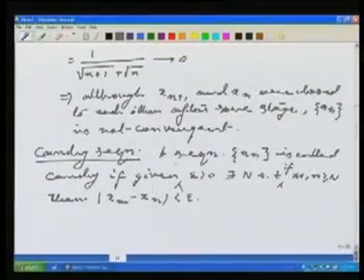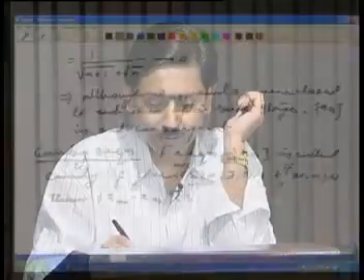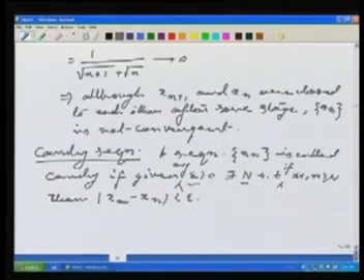Here is one thing I haven't written, but you should understand: whatever short length you assume, after a certain stage, any two elements have distance less than that epsilon. With this epsilon, this n will vary. That is the only thing. So I can actually write n epsilon.